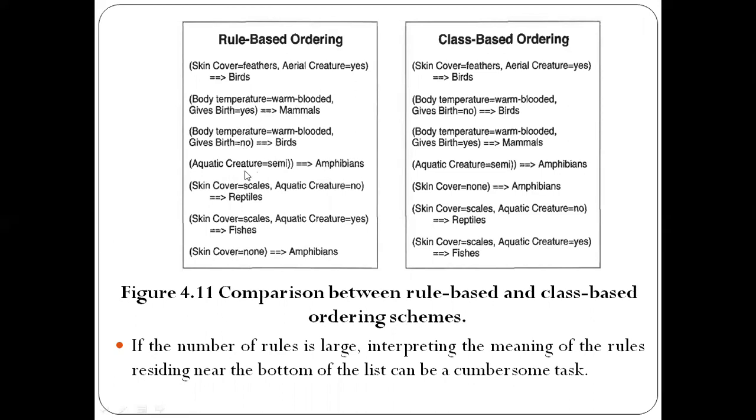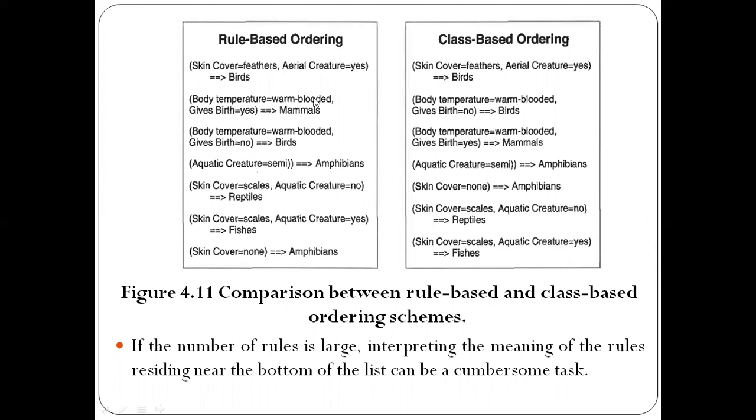So the interpretation of this rule is going to say that the vertebrate we have is not going to have any feathers. See here, skin cover is equal to feather, so we need to consider the negation of that. It doesn't have any feathers, and it cannot fly. Aerial creature equals yes means it is going to fly, so it cannot fly. We need to consider that.